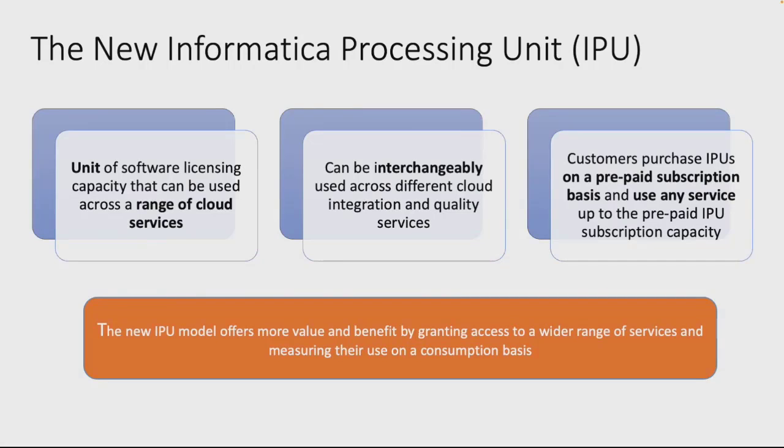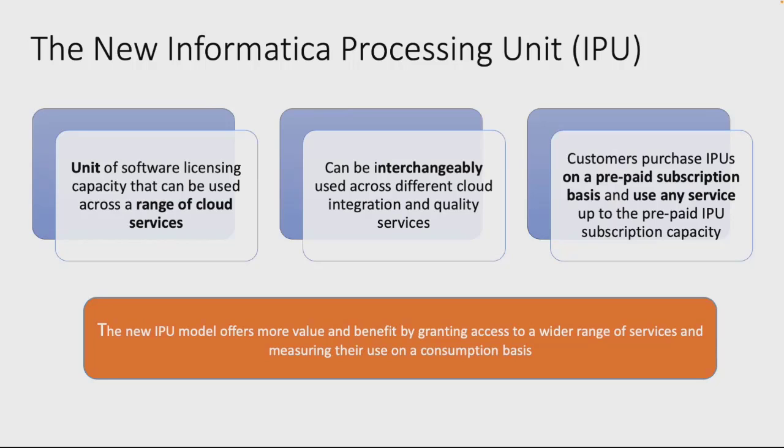So the Informatica Processing Unit is the prepaid credit that will be assigned to your account once you're onboarded, and you could pretty much use the entitled IPUs for any cloud services that the platform offers. Every cloud service, every microservice in the platform has its own metering logic for how it calculates consumption, and it aggregates and rolls up to your total IPU usage that will be deducted from your entitled IPUs.